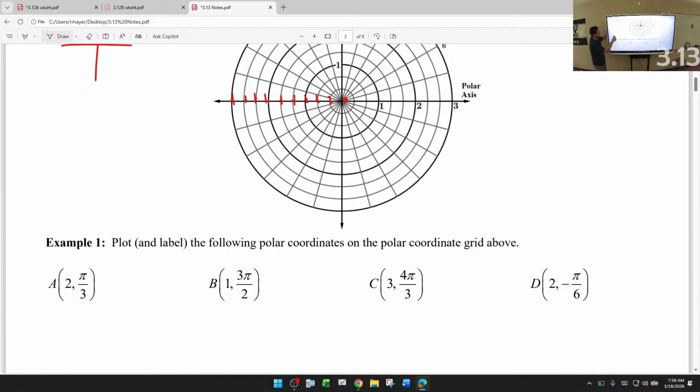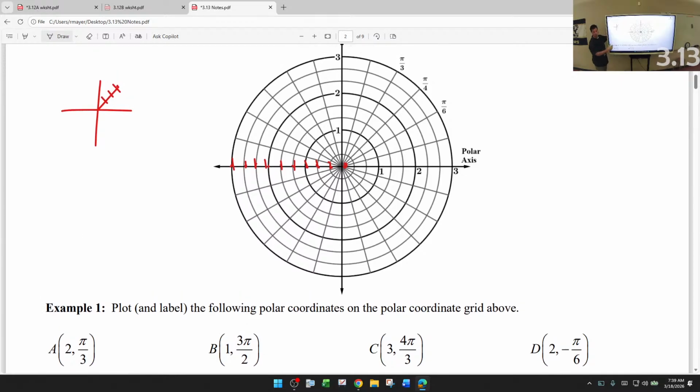Pi over 3 is one we use all the time. This one's pi over 6. They put some extra ones in here too, which gets a little more confusing. So this one's pi over 6, so I guess that one's pi over 12. Pi over 6, there's pi over 4, and there's pi over 3. So they labeled it for me. I'm okay with that. And I have to go 2 units.